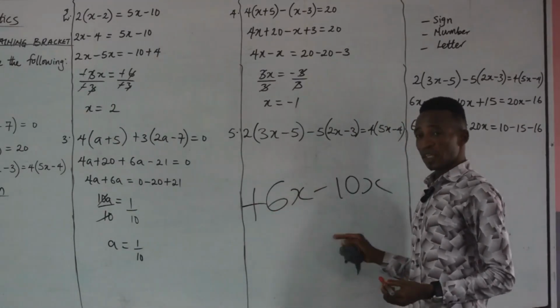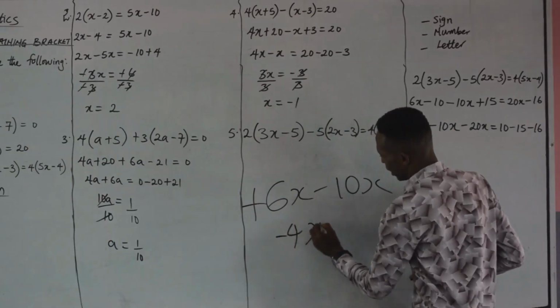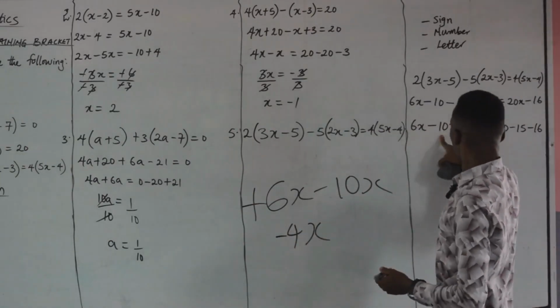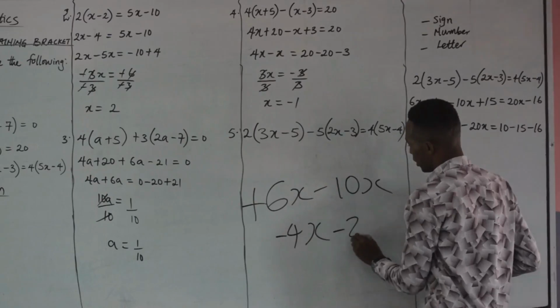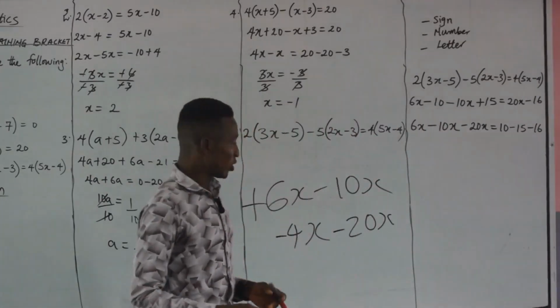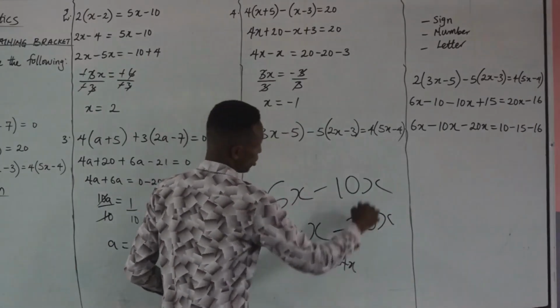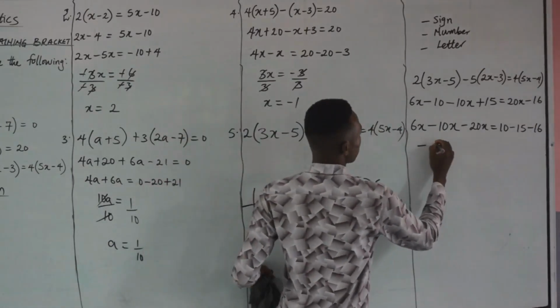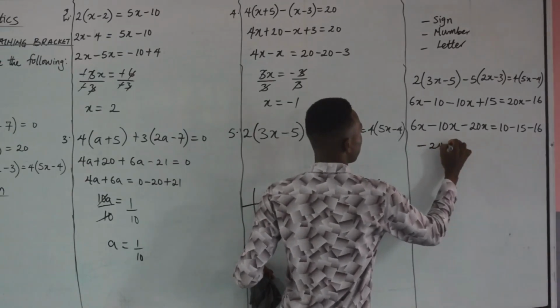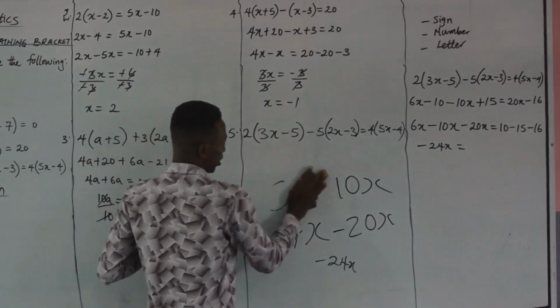Plus 6 minus 10, from the direct number class, we have minus 4x. So that means minus 4x, now minus 20x. So minus 4 minus 20, we don't need to waste time on that. This gives us minus 24x. So I bring it down here. This gives us minus 24x equals to, then we now take the right hand side.